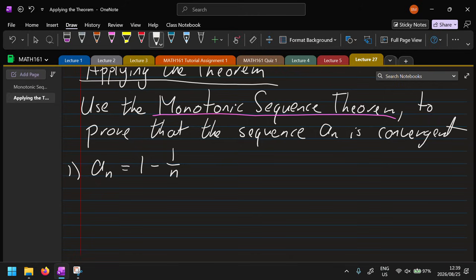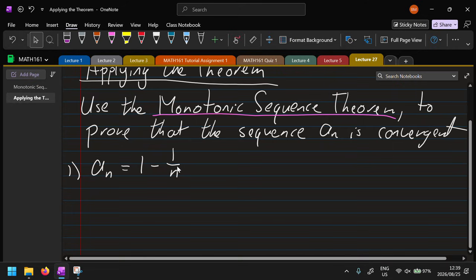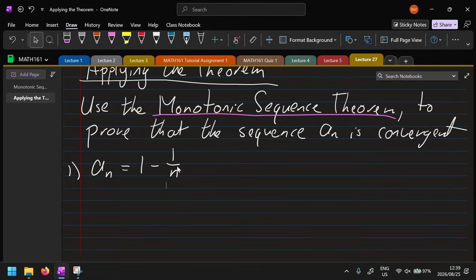It's either case 1, where it's decreasing and bounded below, then we know it's convergent, or it's increasing and bounded above, we know it's convergent. Anything else, we can't say. So it must be one of the two. We need to check, is it increasing or is it decreasing? So let's check.